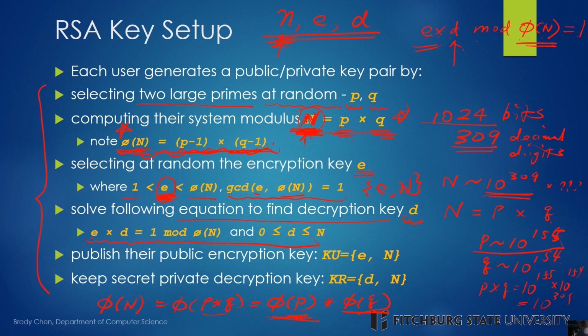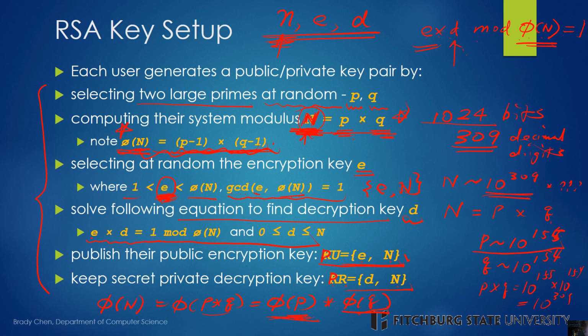Once we find d, we can define the public key and the private key. I don't know why I used KU and KR; it should be PU and PR. So PU is (E, N) and PR is (D, N). That's the public key, and that's the private key.